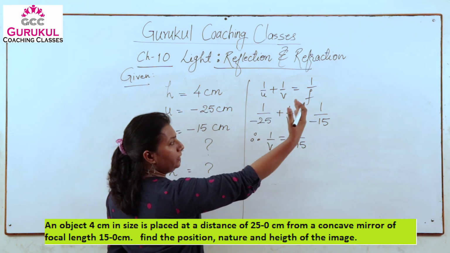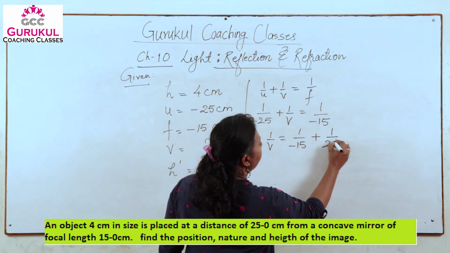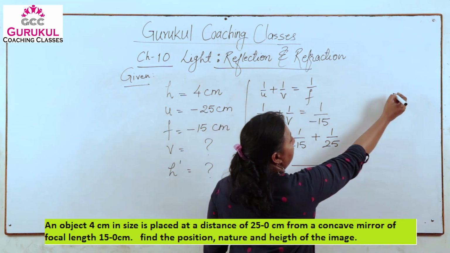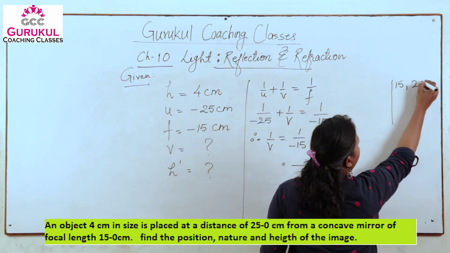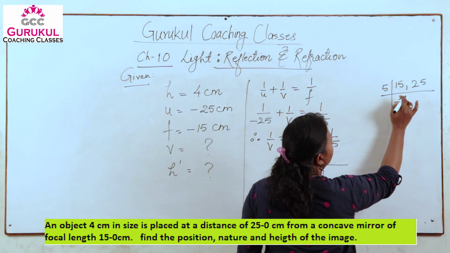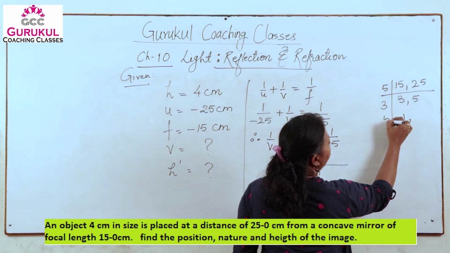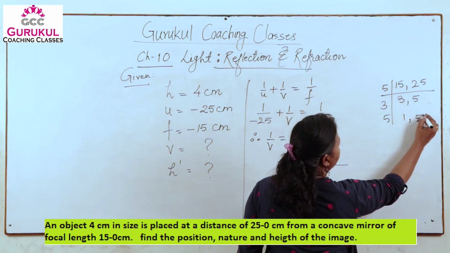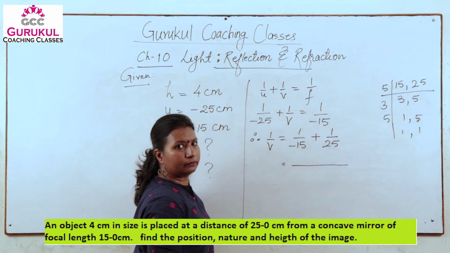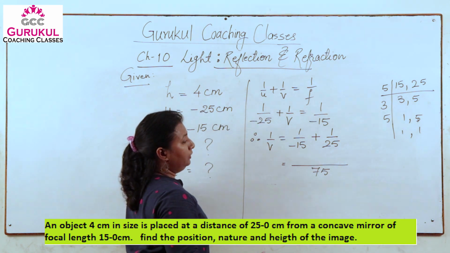If this whole term is transferred to the right side, it will become positive. So 1 upon 15 plus 1 upon 25. We will find the LCM of 15 and 25. 5 3s are 15, 5 5s are 25, so the LCM is 75.